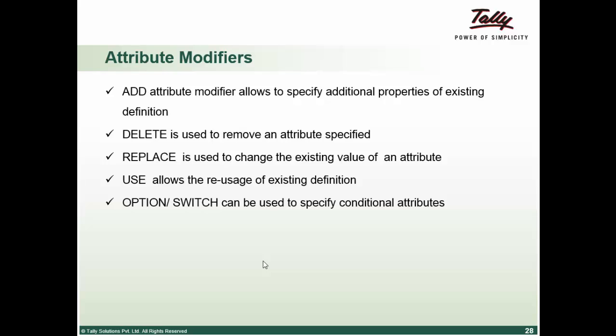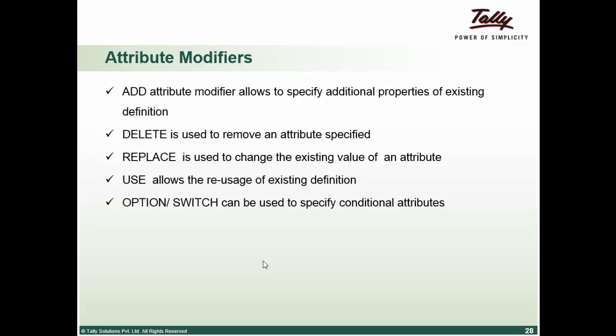The add attribute modifier is used to add an attribute to the definition. Delete attribute is used to remove or delete something from the definition. The replace modifier is used in a definition to replace the existing attribute value with another attribute value.